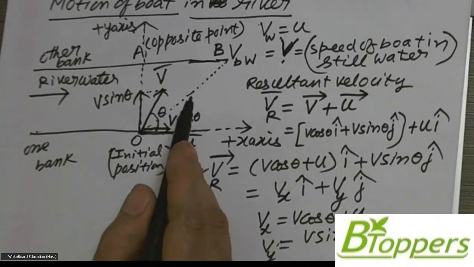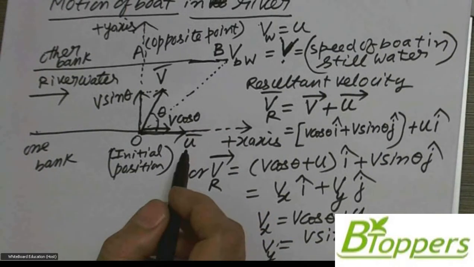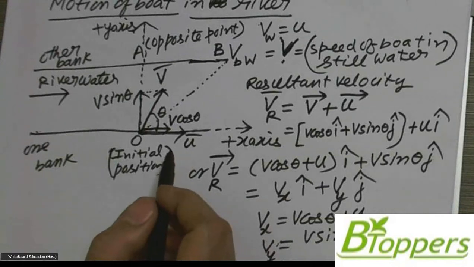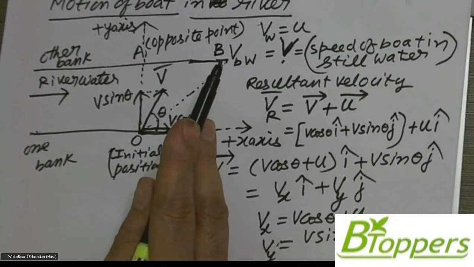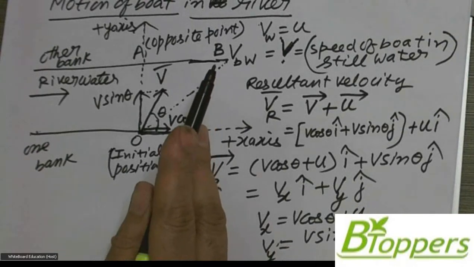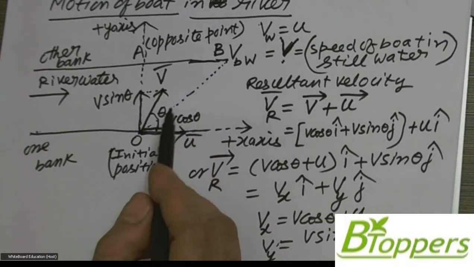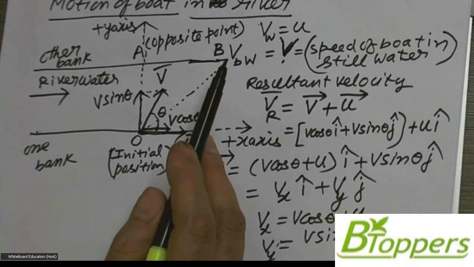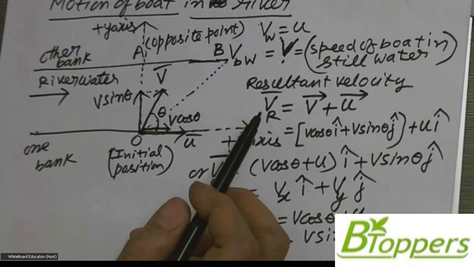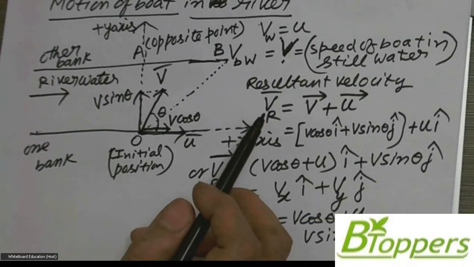So the boat moves along the path OB with the resultant velocity VR. When the boat crosses the river and reaches the other bank at the position B, then the length of the line OB gives you the magnitude of the actual displacement of the boat. That is equal to the magnitude of the resultant velocity into the time taken.